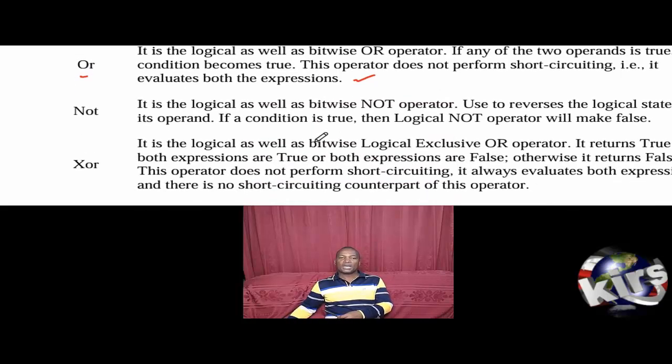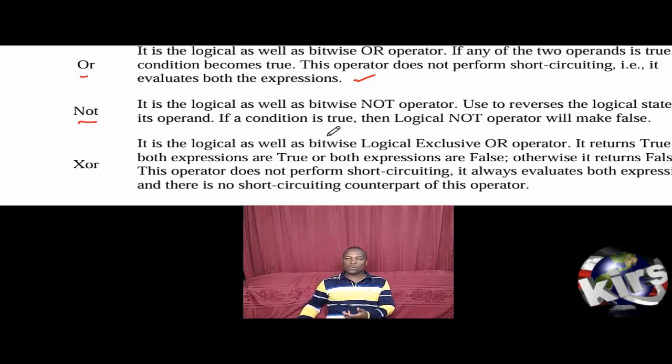Then what we have next is what we call the NOT, the logical NOT. This is the logical as well as bitwise NOT operator. It is used to reverse the logical statement of its operand. If a condition is true, then the logical NOT operator will make it false. Then we have the XOR, the logical exclusive OR.